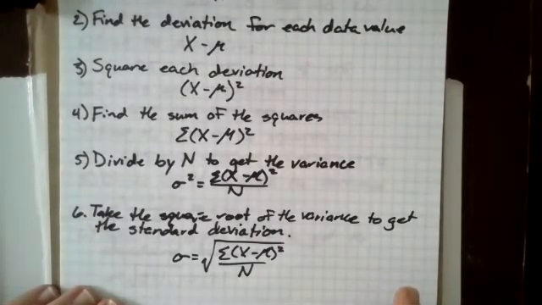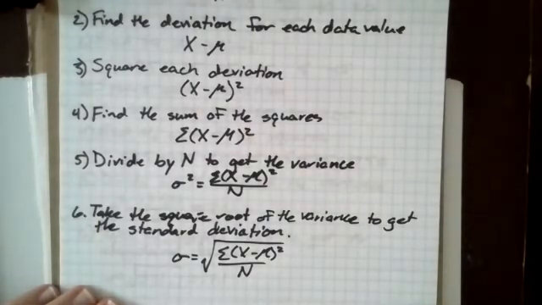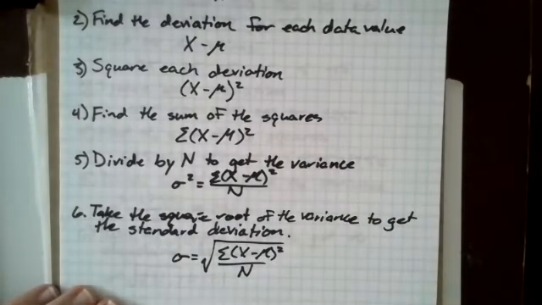Find the sum of the squares, sum of x minus mu squared. And divide that by n to get the variance. Sigma squared equals the sum of x minus mu squared over n. Then take the square root of the variance to get the standard deviation. Sigma is equal to the square root of the sum of x minus mu squared all over n.